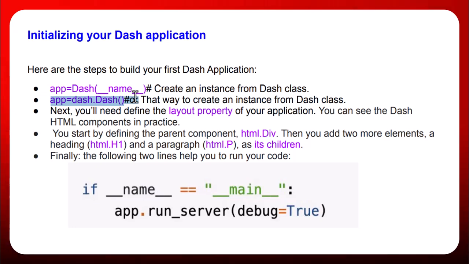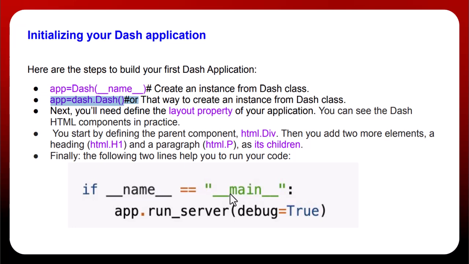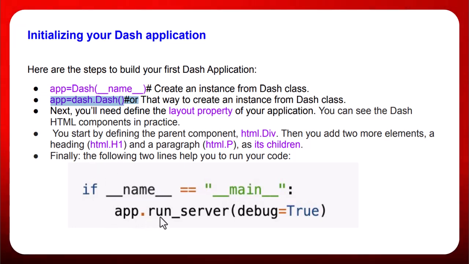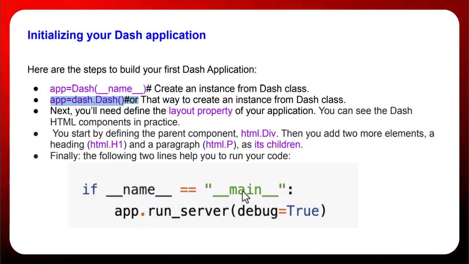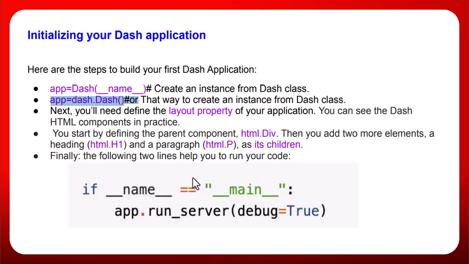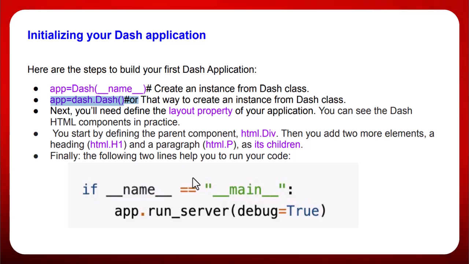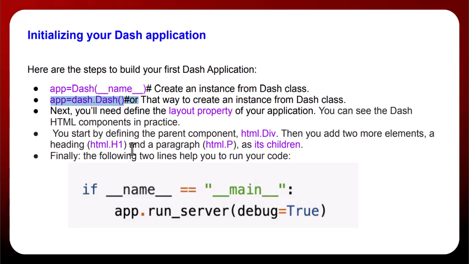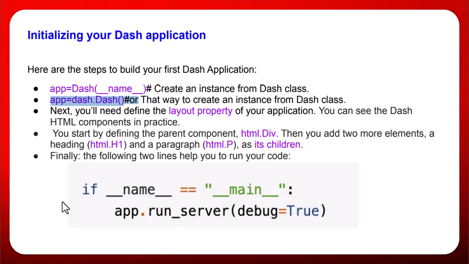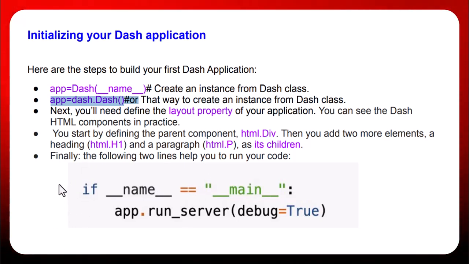It's just the instruction: if name equals main, then app.run_server with debug equals True, just to avoid any errors, to force the compiler to display our web page. This code is simple, it's not hard. It's just going to allow us to see our web page.